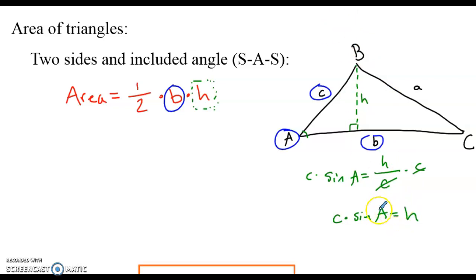Since the height equals c times the sine of A, I'm going to plug that into the formula in place of height, because this is a way to calculate the height.